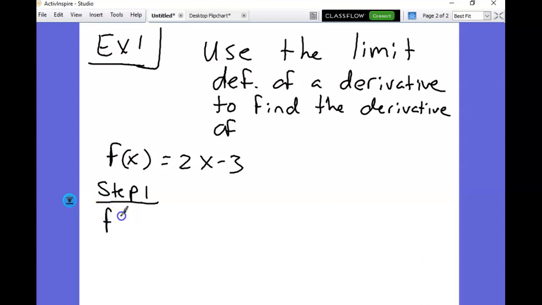So I'm going to take my function, I'm going to plug in x plus a little bit more. This is my y2. So let's do that first. So I'm going to plug in x plus delta x into this function here. There's my function. And I'm plugging in for x plus a little bit more. And then I'm going to simplify that.